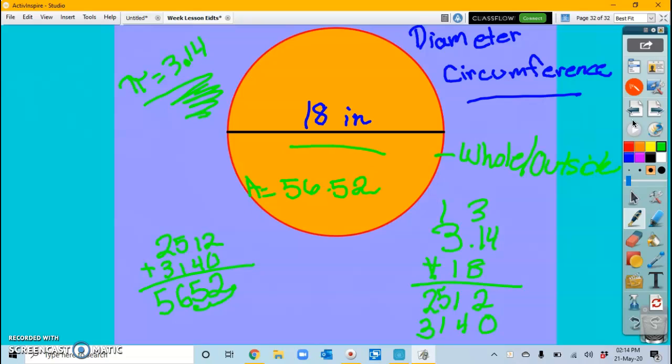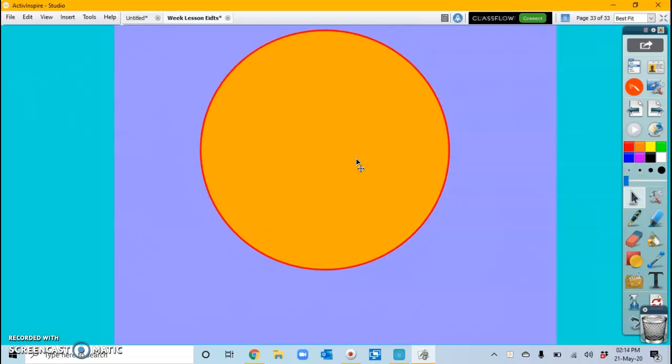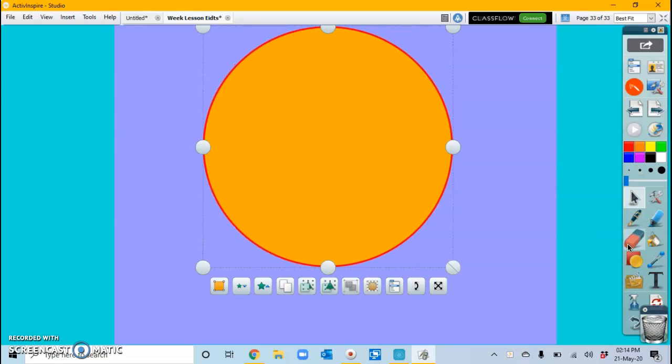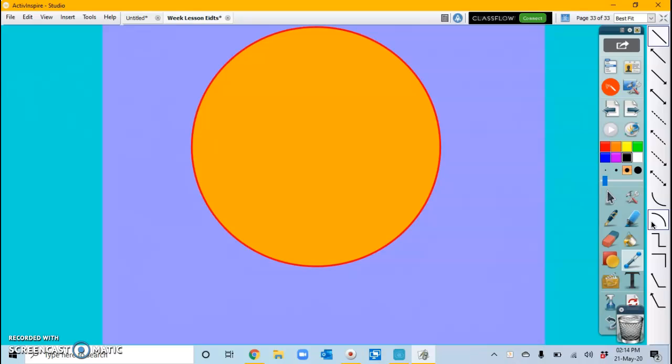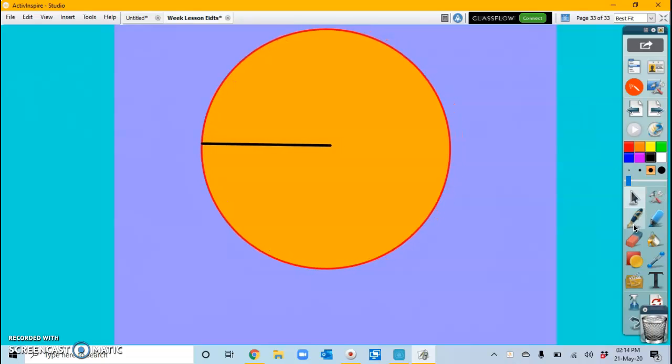So now, let me show you another example of how to find radius. Here I am going to show you two processes: how to find the diameter and how to find the circumference.